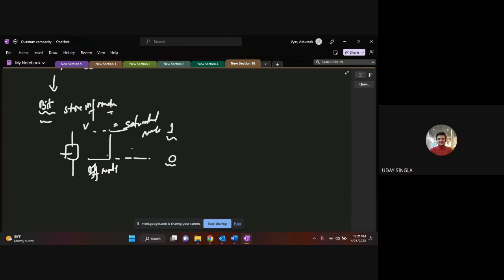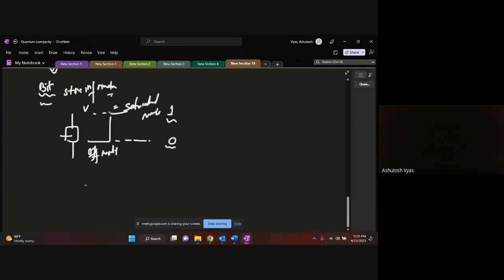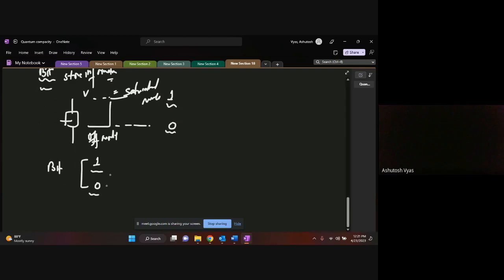Correct, right? So in this sense, a transistor or a bit can store two types of information, either 0 or 1. Only these two it can store. If it is storing 1, it is in a saturation mode. If it is storing 0, it's in an off mode. So that is well defined.